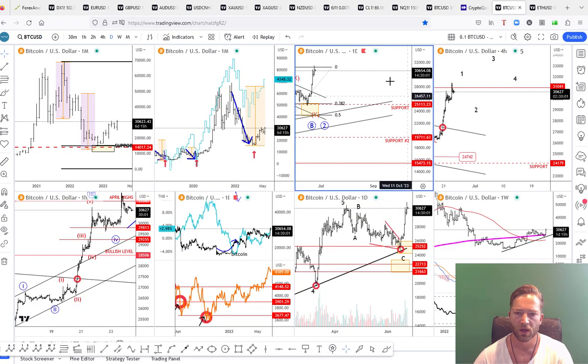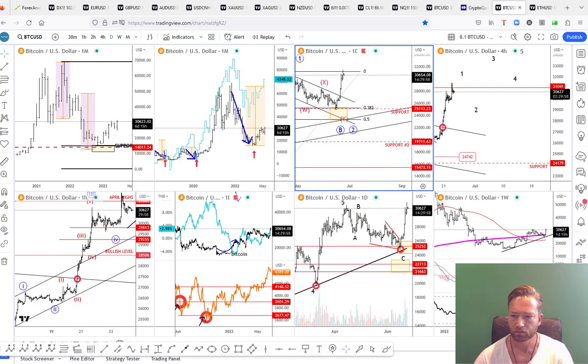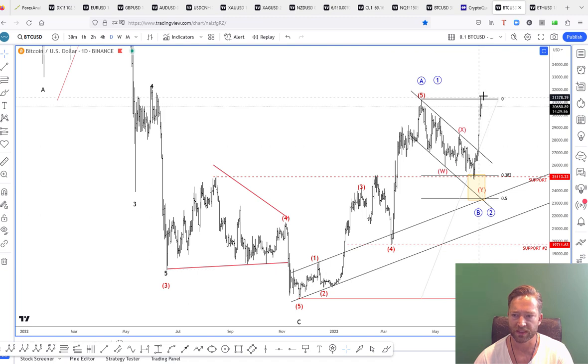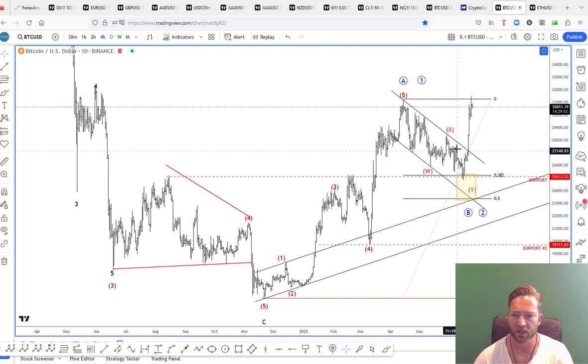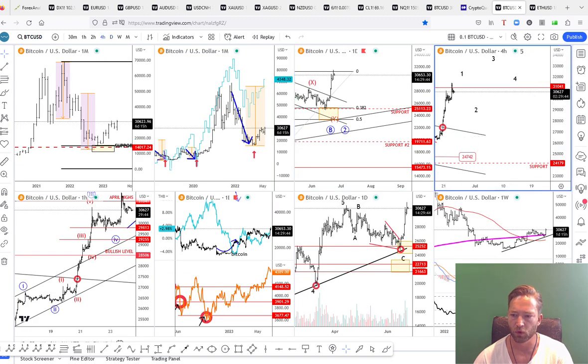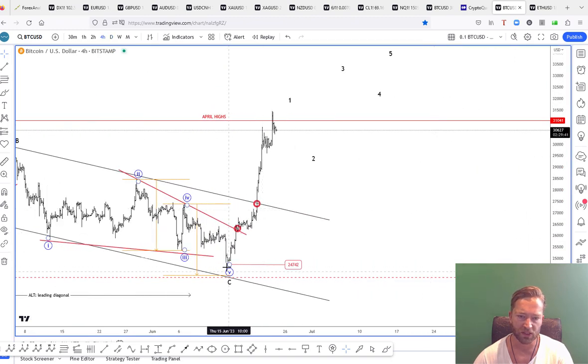If we look here at Bitcoin, we are currently already testing this 2023 highs after a very nice push and break out of this downward channel and of this correction. So it looks like that we are in a new phase of a bullish run here, but keep in mind that this move to the upside can already be in 5 waves.